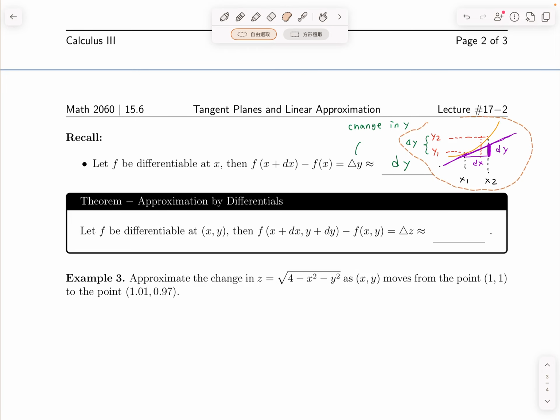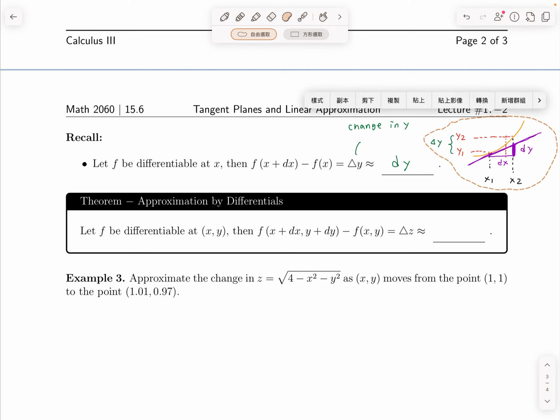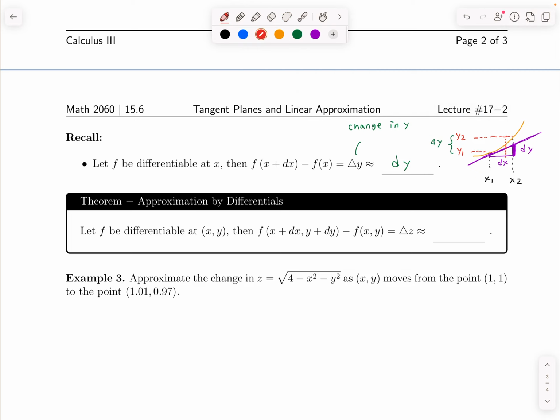So we say that delta y is approximately equal to dy. And now you just need to extend this idea to Calc 3. And we say that delta z, which is the change in z, is approximately equal to the total differential dz.